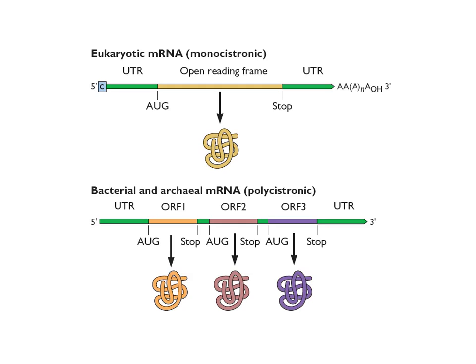Eukaryotic mRNAs, by contrast, are largely monocistronic. It means that they encode one protein, shown up here. And that's because except for irises, which I've told you about, there are no sequences that allow ribosomes to bind internally. So once a ribosome makes a protein, it hits a stop codon and it falls off of the messenger RNA.